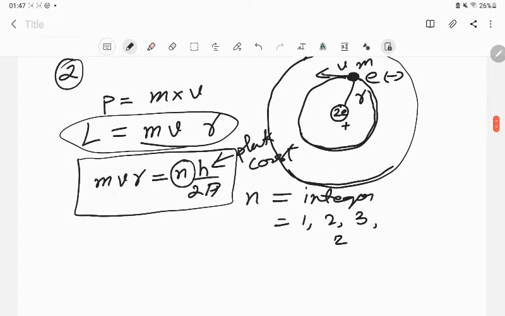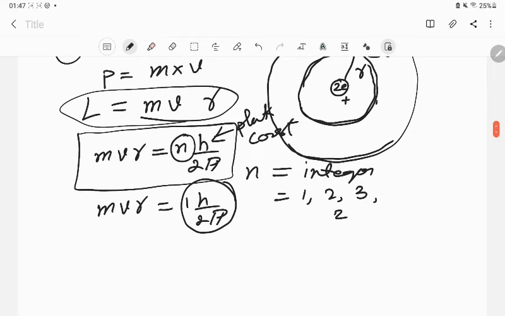So this angular momentum must be equal to n times h by 2 pi. For the first orbit, mvr is equal to h by 2 pi, with n as 1. If the angular momentum is this one, then that electron will move in the first orbit.